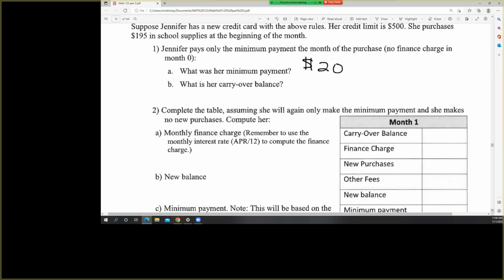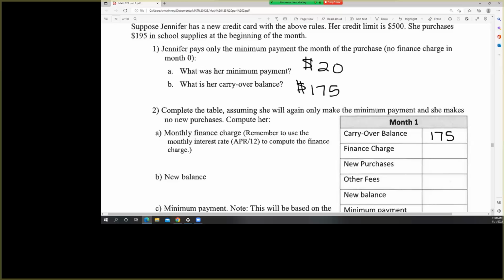If she only pays the $20, how much is going to be carried over? How much does she still owe if she pays $20 of the 195? 175 would still be what she owes. Yes. So now we're going to complete the table over here. That was kind of month 0. So this is the first month that she has a carryover balance.